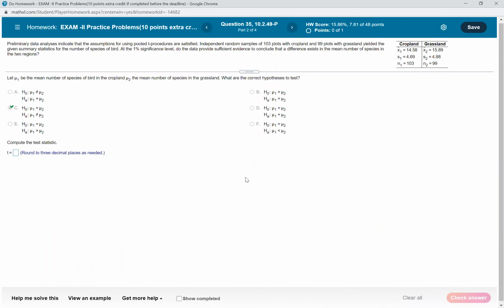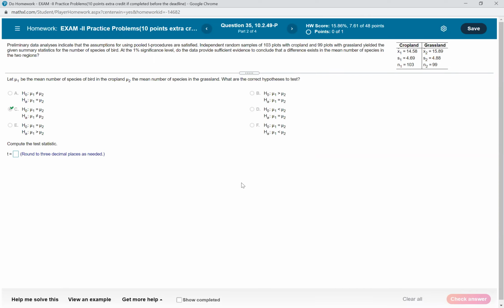Okay, so now we will calculate the test statistic using this formula. Yeah, I think it will work now.